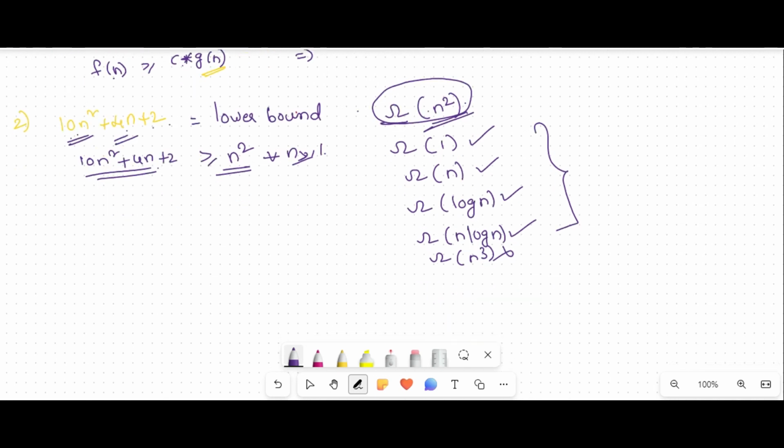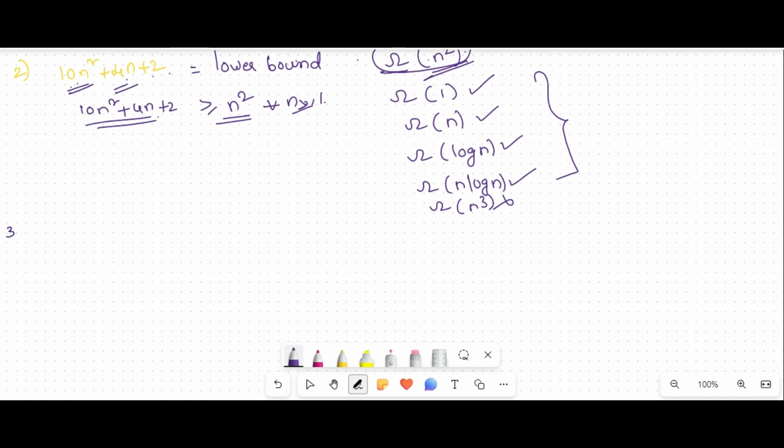For example, if we have another function like 6 into 2 power n plus n square, and I want to say the lower bound, you can take omega of 1, omega of n power 100 also, because 2 power n is big.